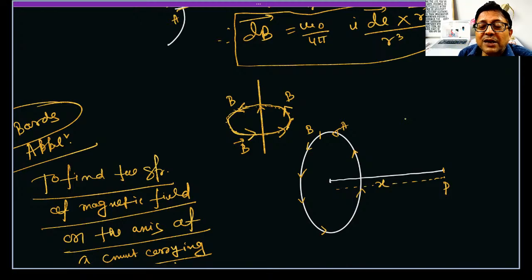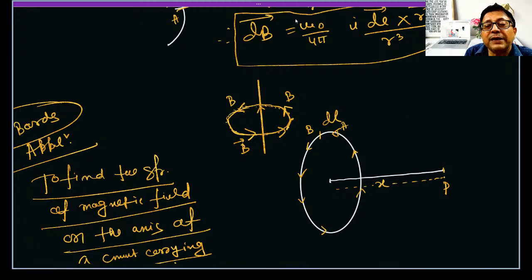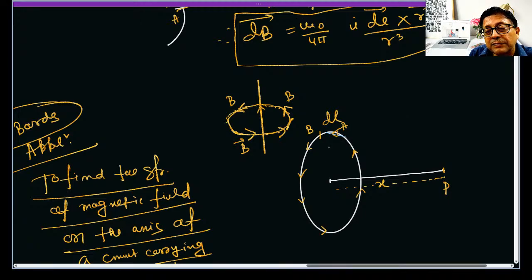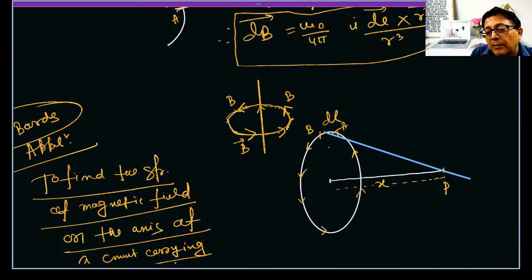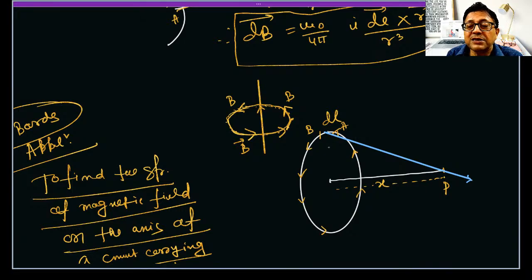Okay, this is a current element of length dl. Due to this, we want to find the magnetic field at P. This is the radius vector, joining this current element's midpoint to the point P. This has length dl.